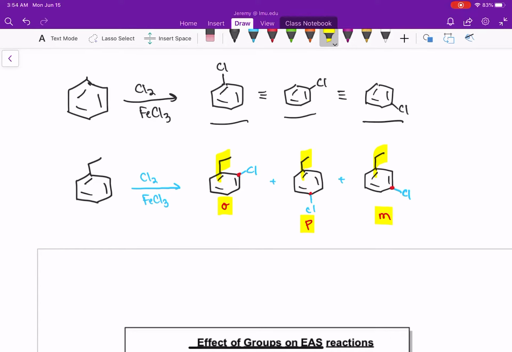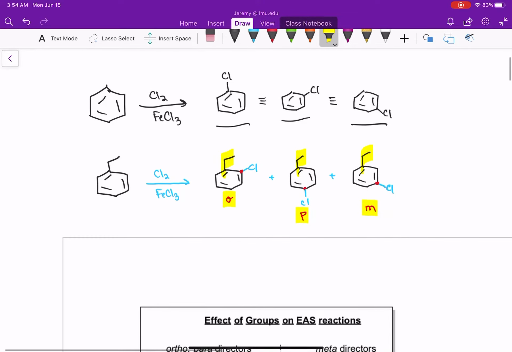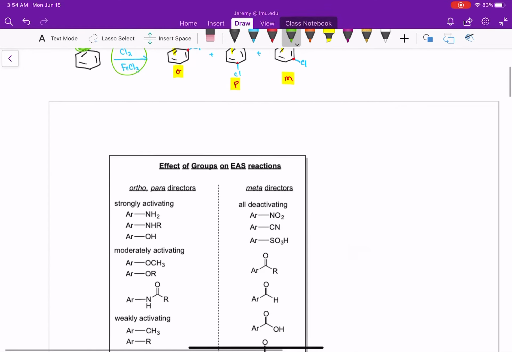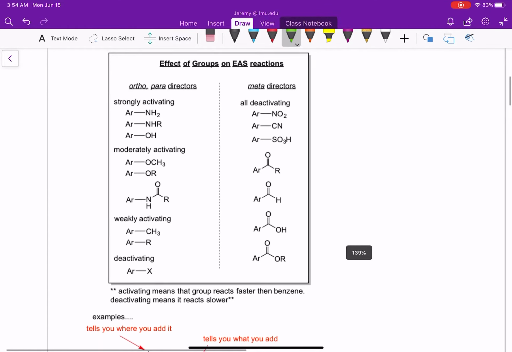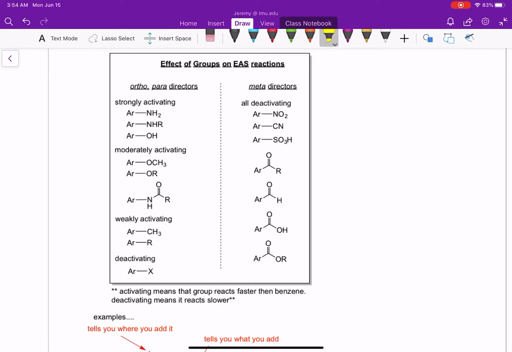So the question is, what is our major product? To do that, we really have to understand the group that is on our benzene ring to begin with. This group is going to direct where the chlorination happens, and we have a table to show this. We're going to look at the effect of substituent groups on our EAS reaction.